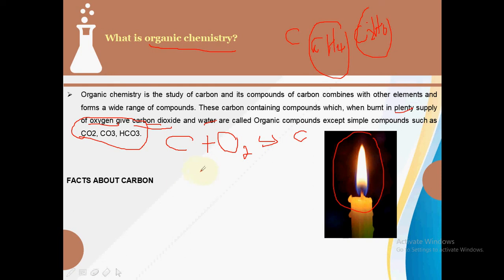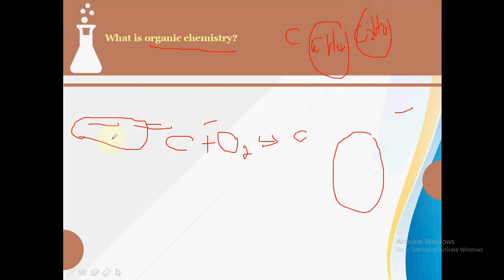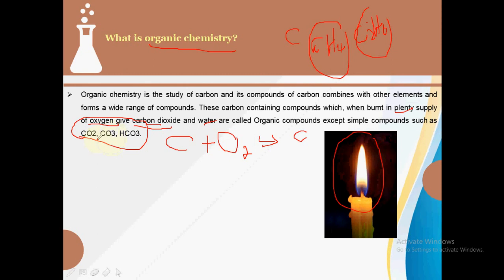Some of them are inorganic, like the exceptions I gave here: carbon dioxide, carbonate, hydrogen carbonate, and also compounds such as sodium carbonate. These are exceptions that do not qualify carbon compounds to be organic.